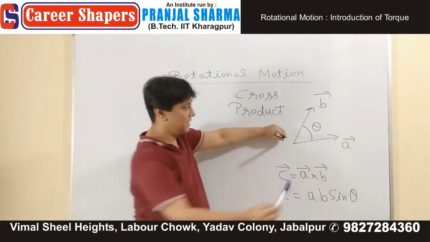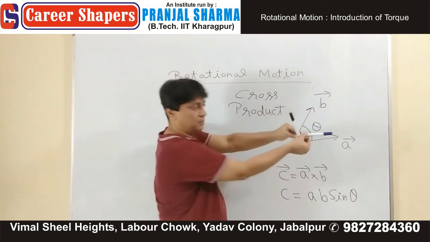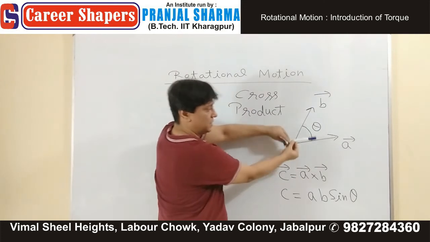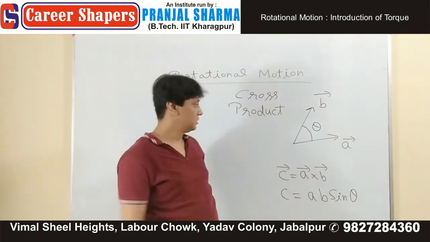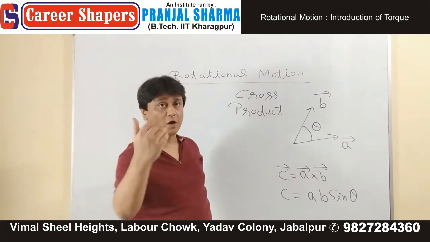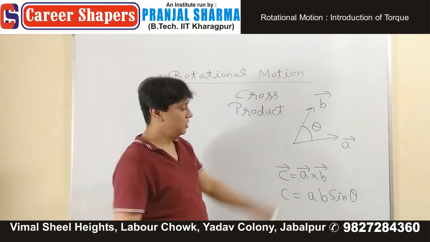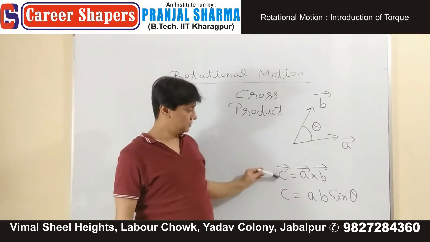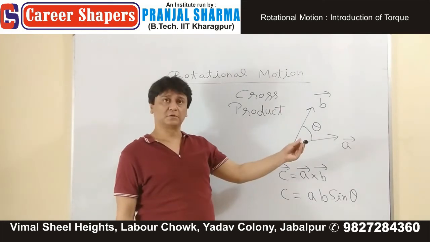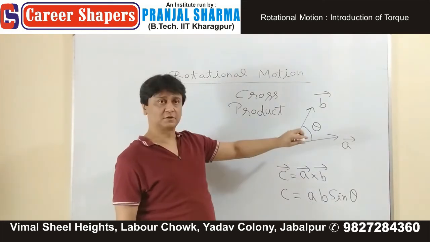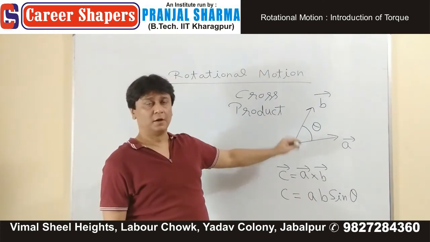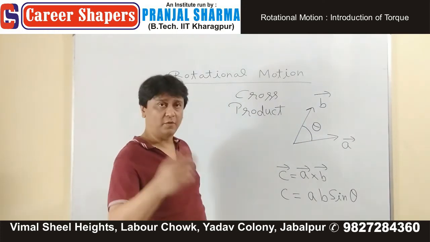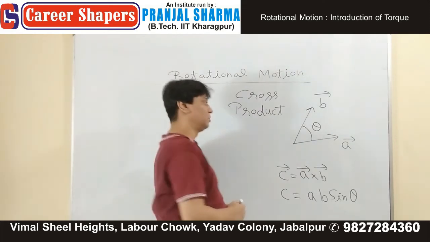This way, it is perpendicular to A. This is also perpendicular to B. But now there are two options. You can hold C like this or this, out or in. Then which way it is? For that we use what? Right hand rule.